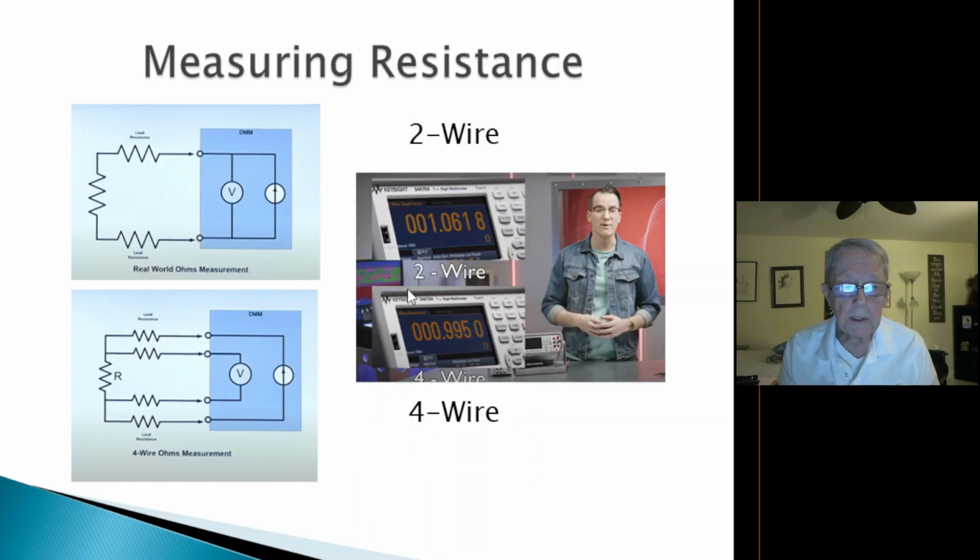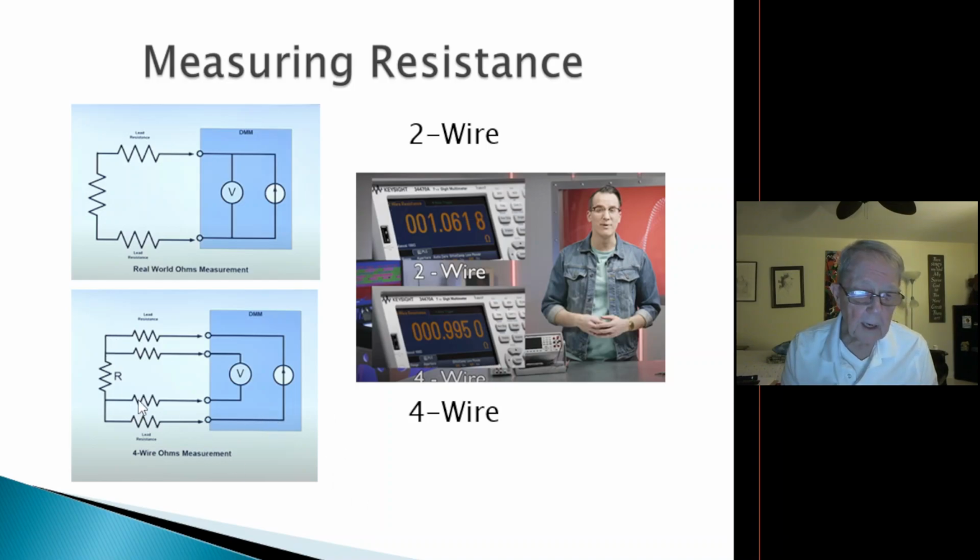But measuring resistance, this video made by Keysight shows that with a 2-wire measurement, you get an error because of the lead resistance. They found that by connecting it this way in a 4-wire, you can eliminate the lead resistance on the outside by having the voltmeter just on the inside, and the current that's supplied is on the outside.